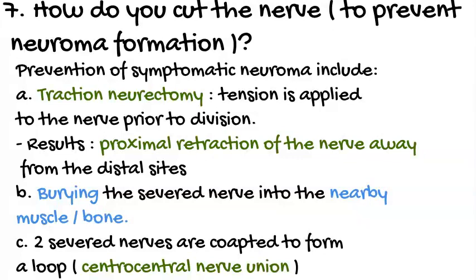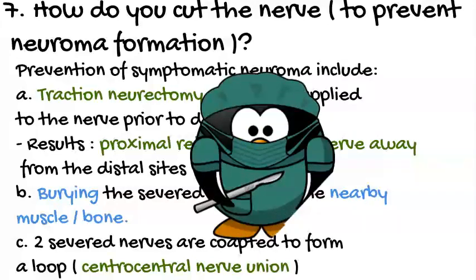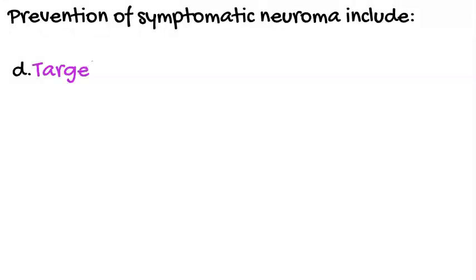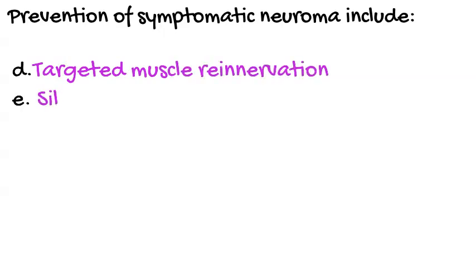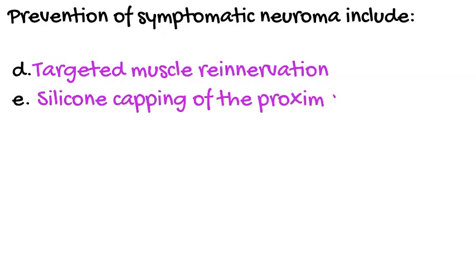B. By burying the severed nerve into the nearby muscle or bone. C. By using two severed nerves that are coapted to form a loop to achieve a central nerve union. D. Targeted muscle reinnervation.